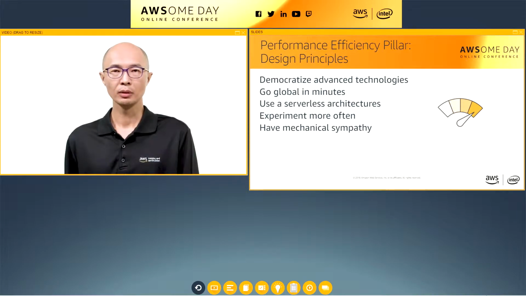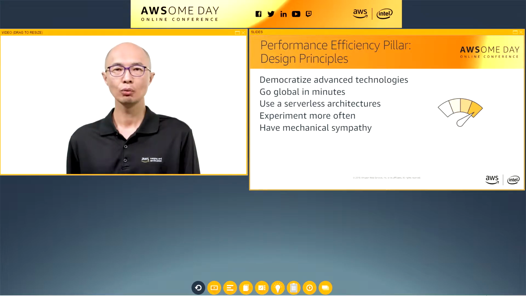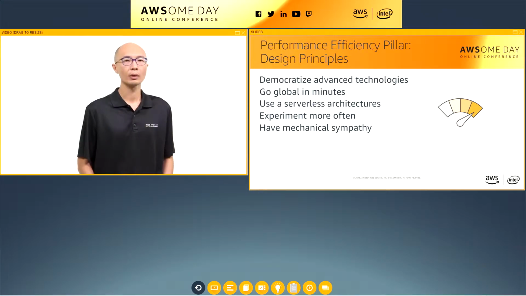The next design principle that can help you achieve performance efficiency is to use a serverless architecture. In the cloud, you remove the need to run and maintain traditional servers for compute activities. This also removes the operational burden and can lower transactional costs. Another design principle is to experiment more often.